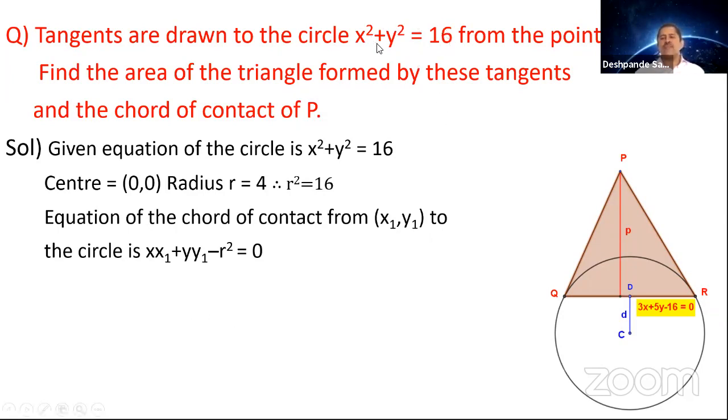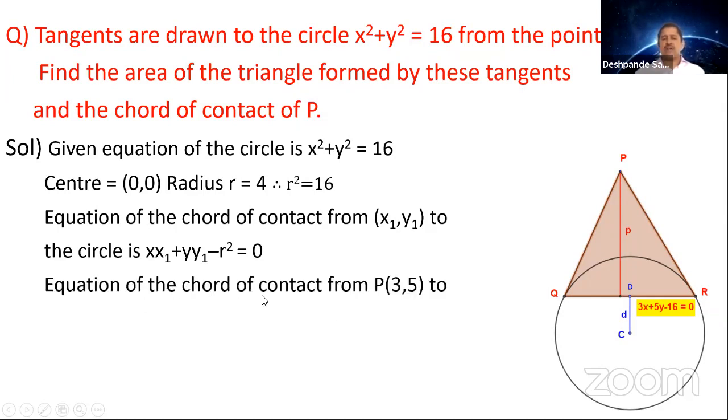Because you have the simple equation of circle, so the center is (0, 0), then the equation is given like this. Now, what is (x1, y1) here? The point. The r square value is given as 16. Substitute here. So the equation of chord of contact from P (3, 5) to the circle is 3x, 3 in place of x1, 5y, 5 in place of y1, and 16 in place of r square. So you get the chord of contact equation as 3x plus 5y minus 16 is equal to 0.